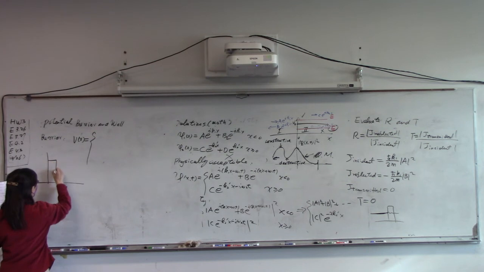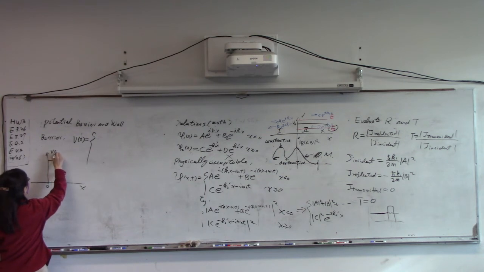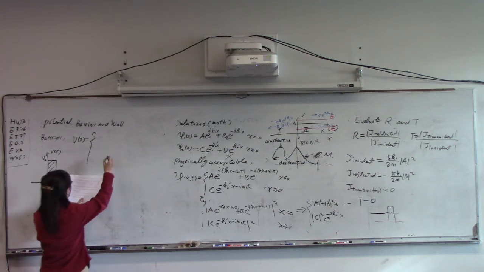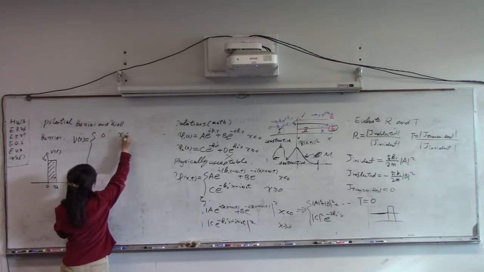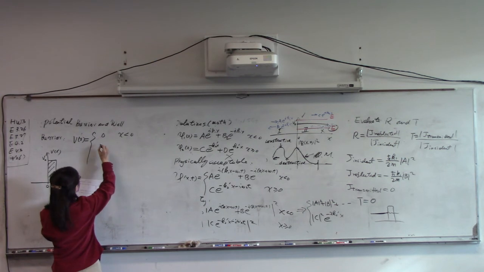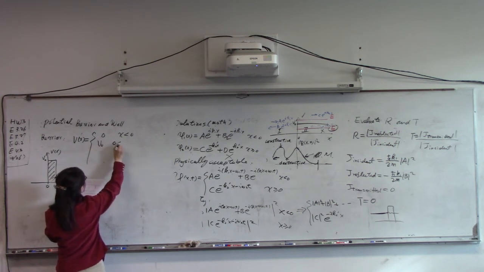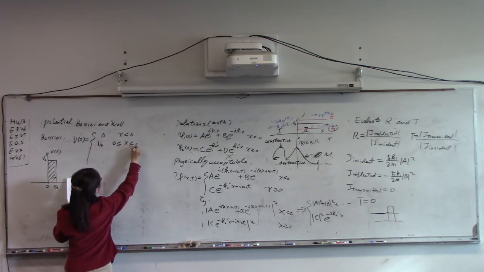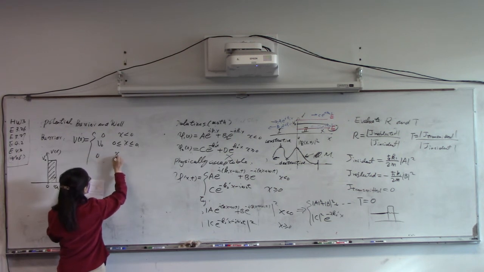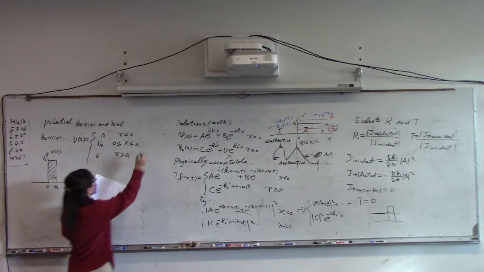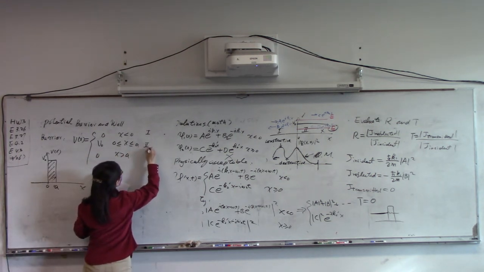Suppose we select this still 0, but now we have V naught here. So you can see 0 when x is negative, but V naught is only for some region, and 0 again. So we have region 1, region 2, region 3.